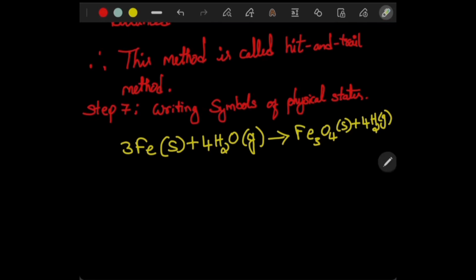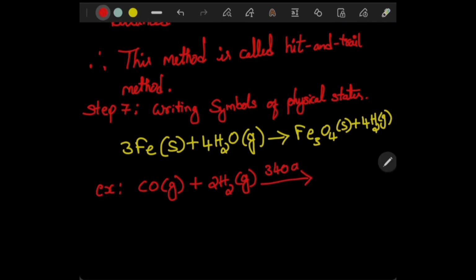Sometimes the reaction conditions such as temperature, pressure, catalyst, etc. for the reaction are indicated above or below the arrow in the equation. For example, CO, that is in gaseous state, carbon monoxide, plus 2H2, which is in gaseous state, and we can also write 340 atm, which represents 340 atmospheric pressure.